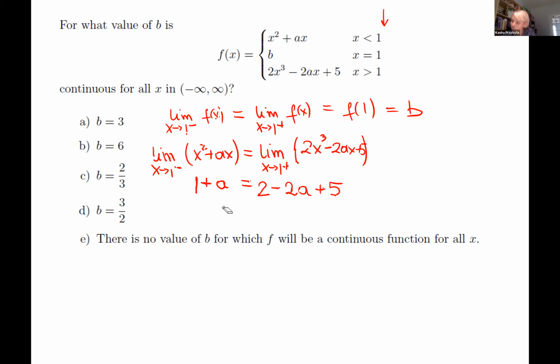Solving for a, can you help me? It will be 3a on this side, and 7, I believe 6. What is the a value? Yes, thank you. The a value is 2. Okay, if the a value is 2, do you know the value for b?